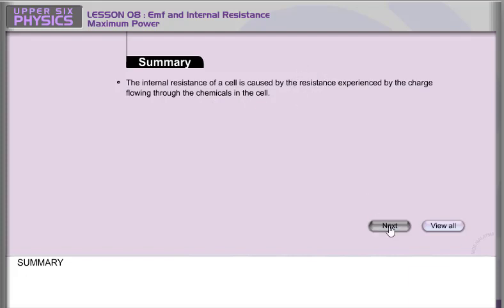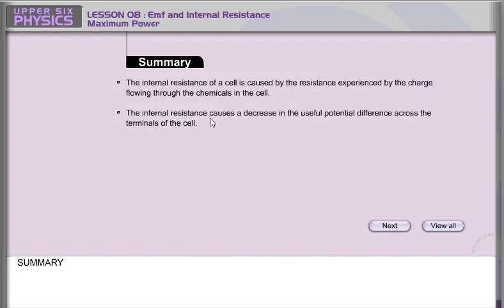So internal resistance causes a decrease in useful potential difference across the terminals of the cell. So across the terminal of the cell, the actual potential voltage being supplied is equivalent to the EMF of the cell minus the lost voltage IR. So V equals epsilon minus IR.